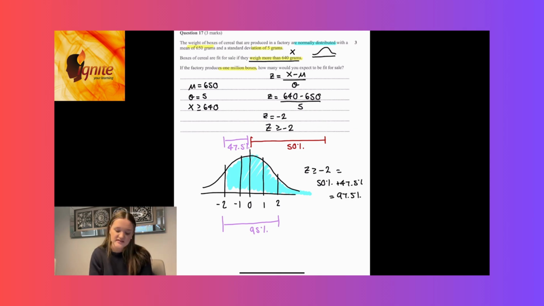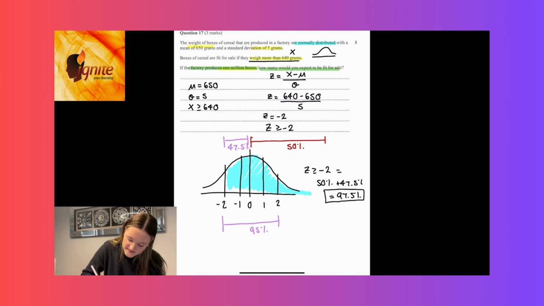Now, that's not all this question is asking us. In this last little part here, it says we need to find how many would be expected to be fit for sale if the factory produces 1 million boxes. So all we have to do to wrap up this question is to find what 97.5% is of 1 million.